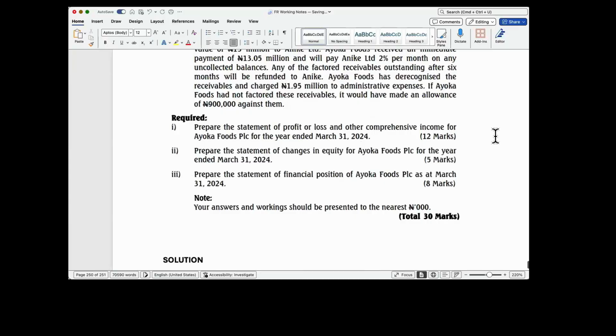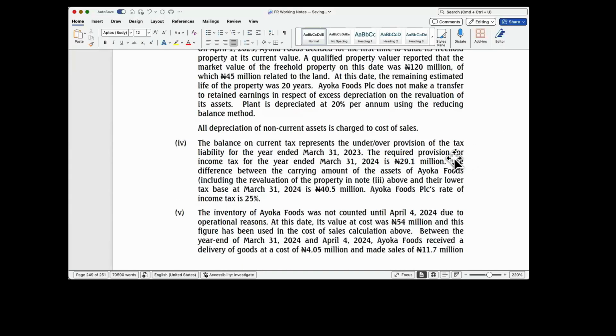For my deferred tax, I was told the difference between the carrying amount of the asset, including the revaluation of property, note 3 above, and their lower tax base, is 40.5 million. So the major challenge you would have here is to know whether this 40.5 million is a taxable temporary difference or a deductible temporary difference.